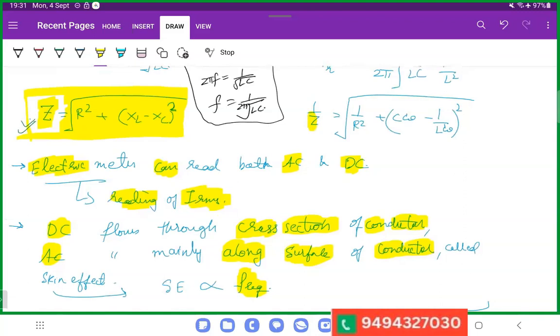So these were small things, small topics about this chapter.